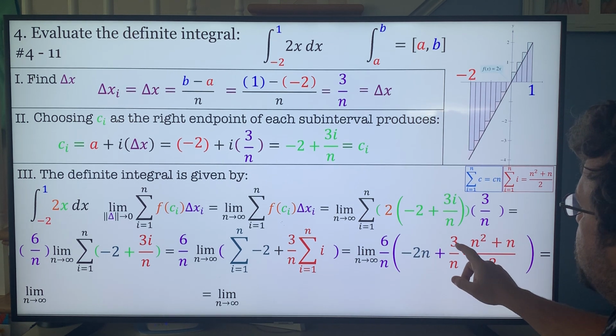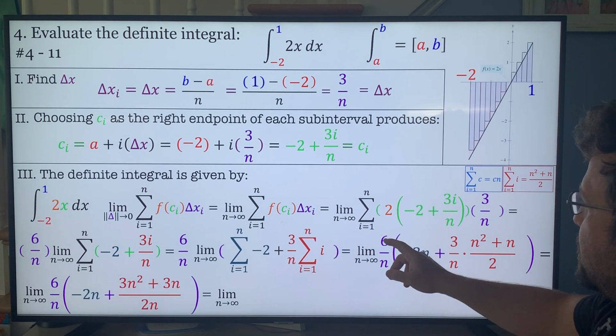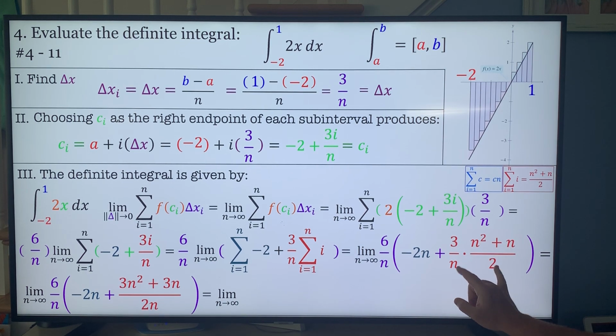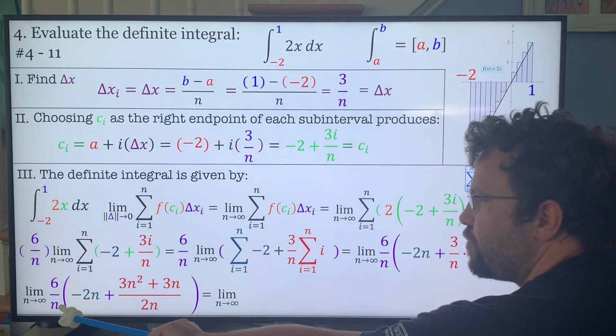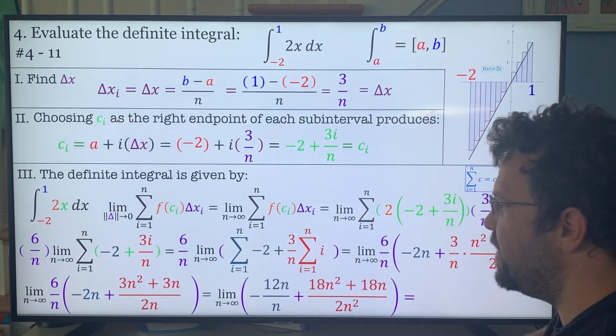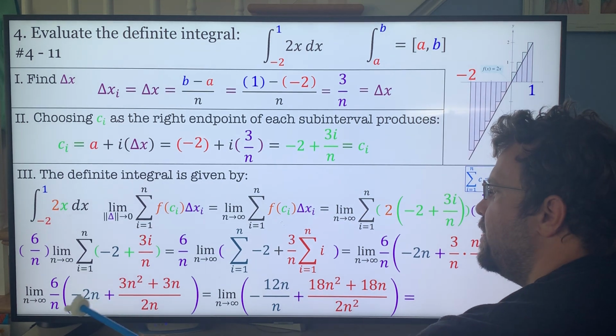So now you can distribute the 3 in, distribute the n in. So you've got 6 over n times, this stays the same, 3n squared plus 3 over 2n. Now, distribute the 6 over n to both of these. I just do it at the end; in the beginning, it doesn't matter. 6 times negative 2 is negative 12, over n.